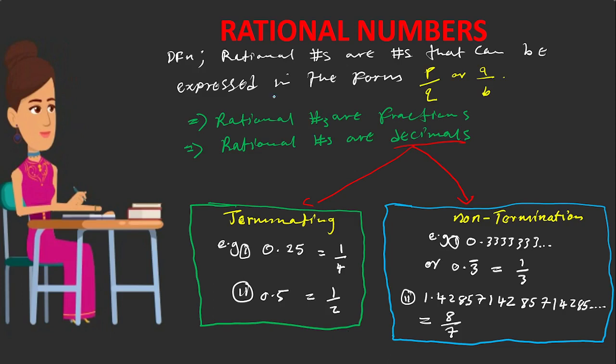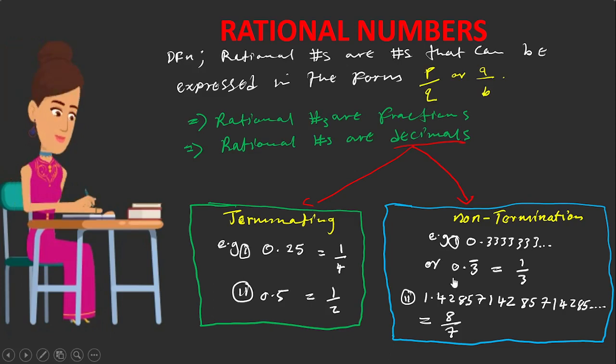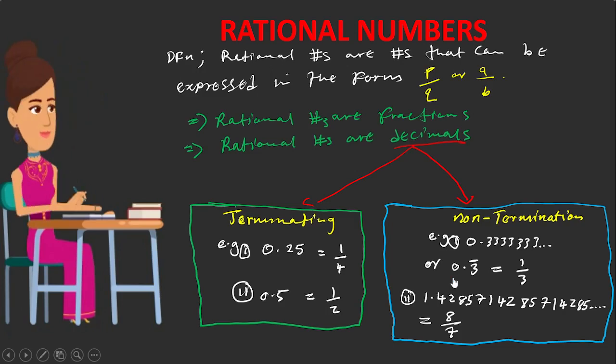So please guys, here the examiner would love you to be able to define a rational number. So you as a student, you should be able to define a rational number.